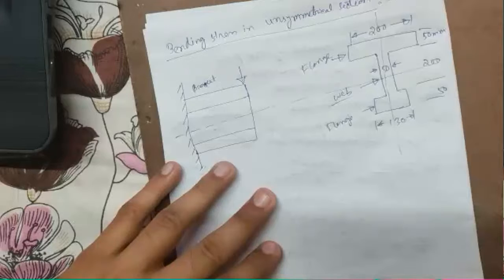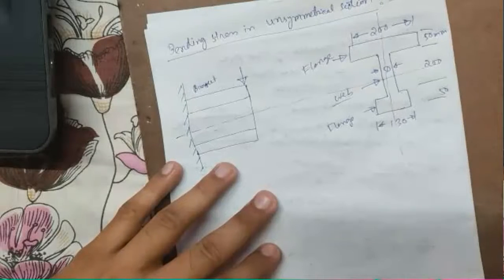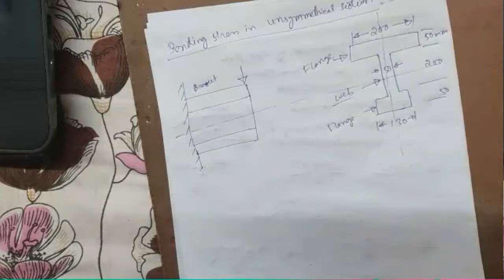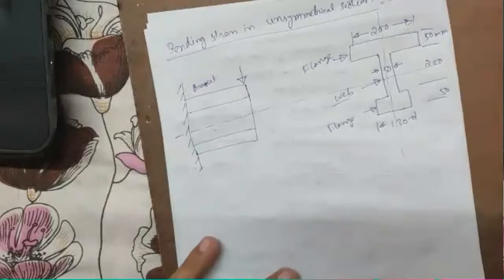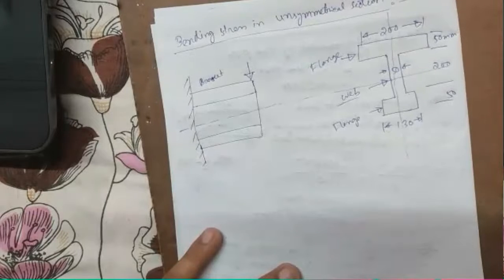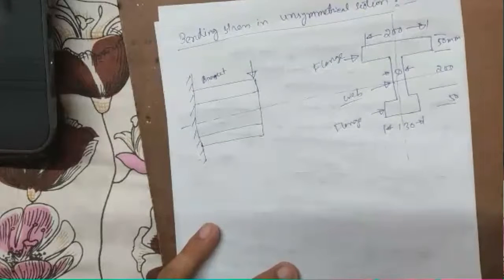But it is not symmetrical about the x-axis. The top portion is different, the bottom portion is different, so we have to find y bar. In such cases, you have to locate the neutral axis only in the y direction. Now let us solve the problem and we will understand it better. I hope you have understood the diagram.